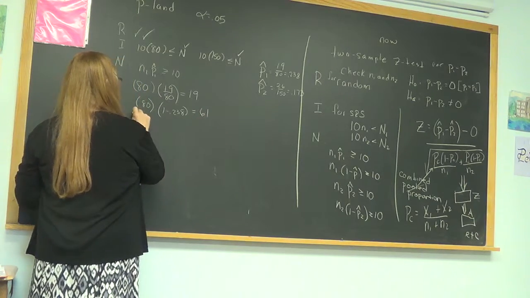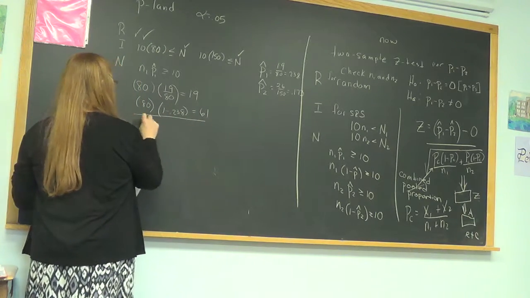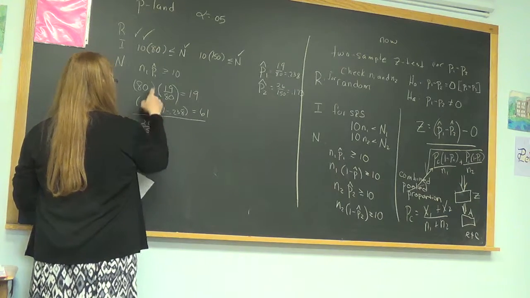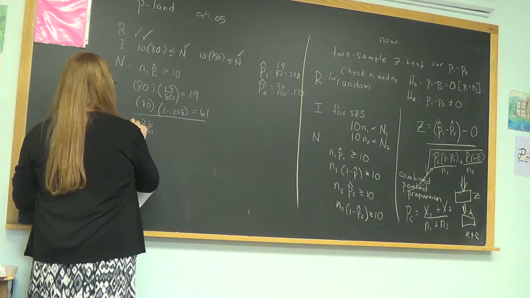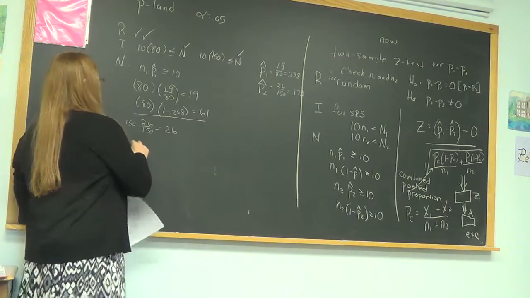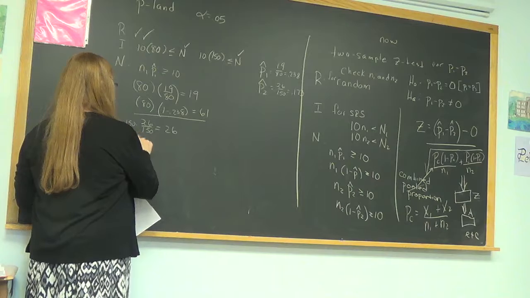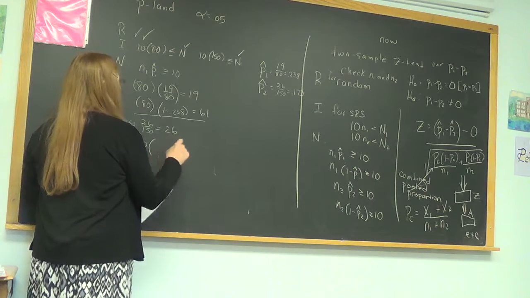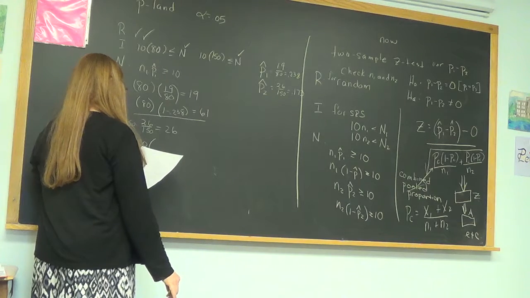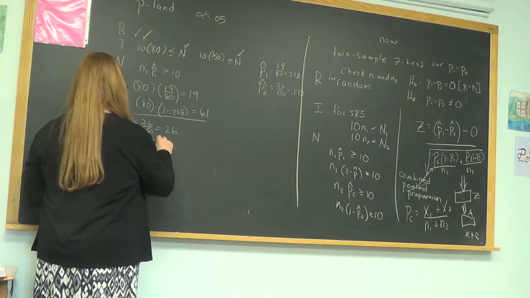All right, so then we have to check it for the other sample. 26 out of 150, that's the P hat, times 150. You can see quickly that it's 26. And then 150 times the balance of 0.173, which is 124.